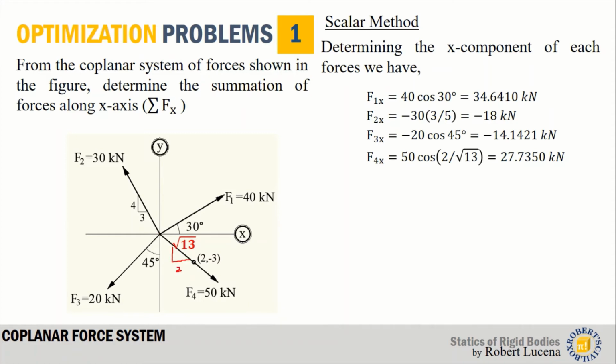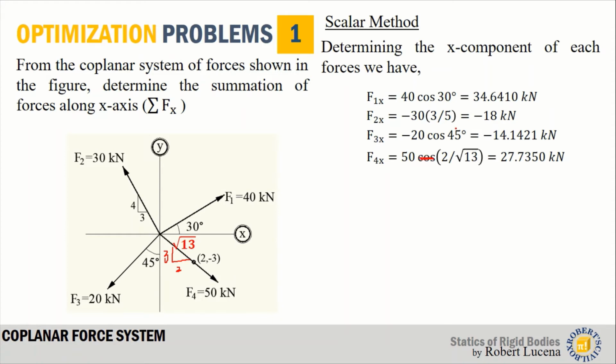And as you can see, this point could tell the slope of this line, so that would be 2 and 3. The square root of the sum of the squares of 2 and 3 is the square root of 13. Now if we want to get the x component of force vector F4, we multiply its magnitude with 2 over square root of 13. So please neglect this cosine, that has been wrong.